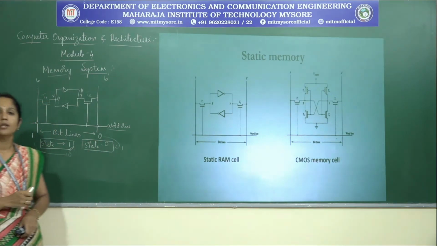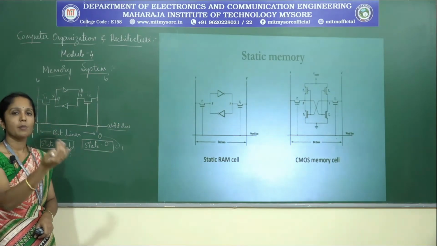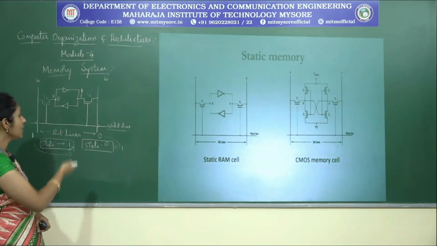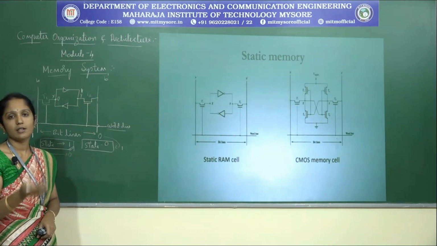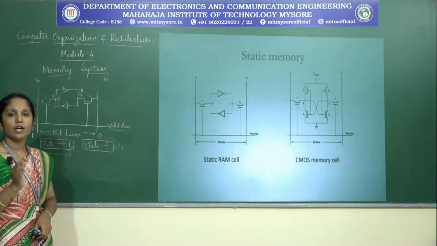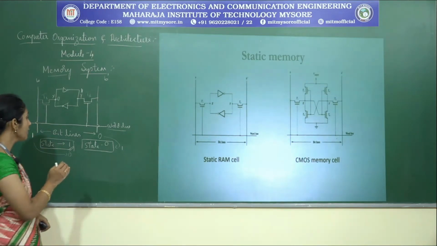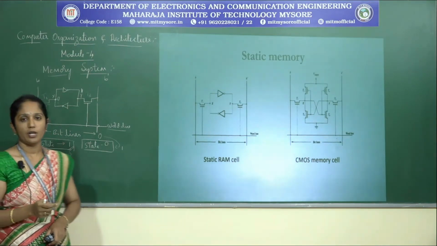So this is how the read operation is going to work. Whatever we have there will be copied into the bit lines, and those bit lines are connected to the sense or write circuit. From there it is going to send it to the data input or output lines.